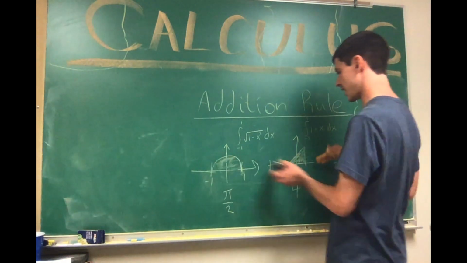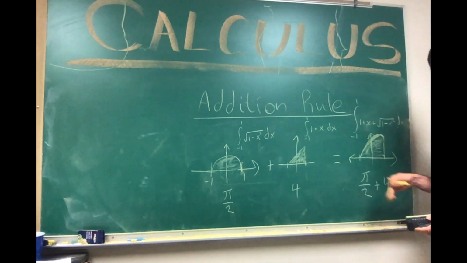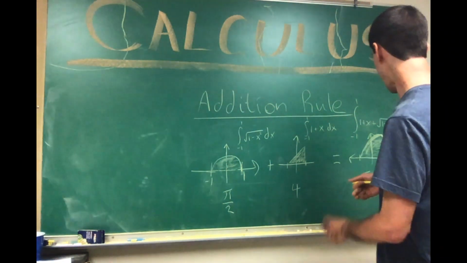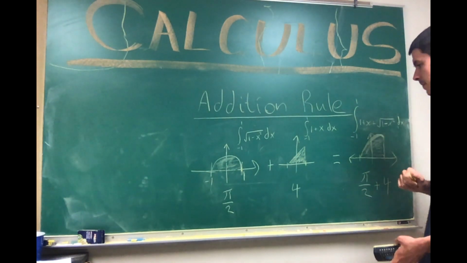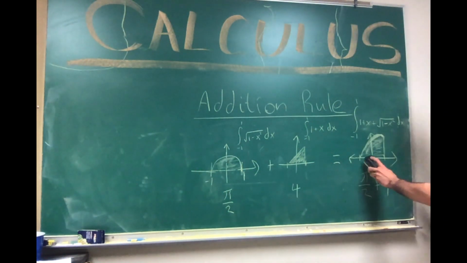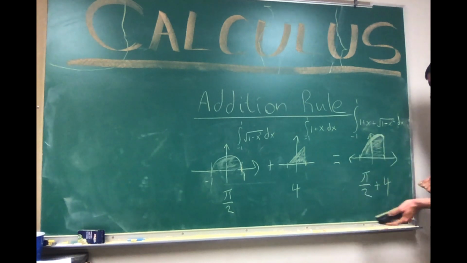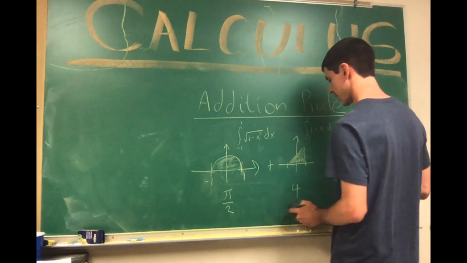So we can just add these areas while doing this slightly strange geometric operation, which is an easy algebraic operation. Adding two functions together is very straightforward algebraically, but it can be a slightly strange geometric operation. Yet this deformed shape just has the sum of the areas.